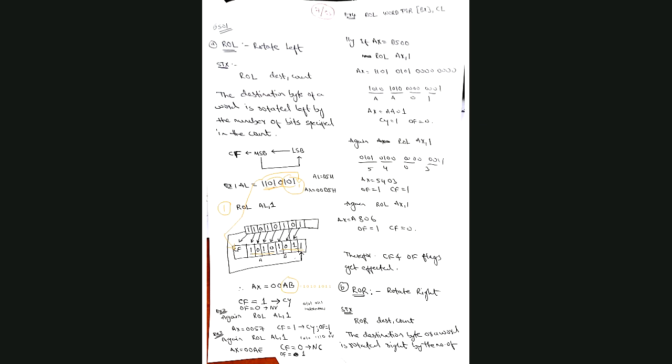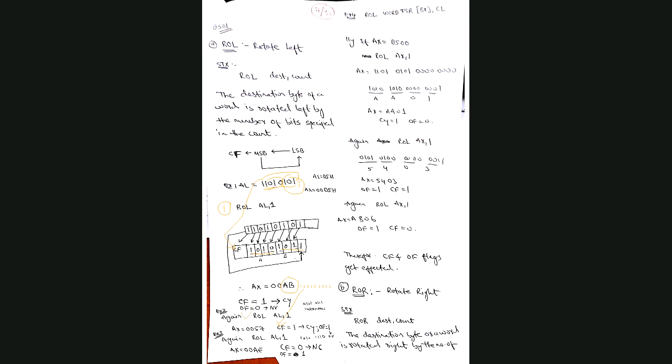Now look here. Again, I am doing one more time. So just see. This 1 will go to the carry flag. Previously carry flag was 1, now also carry flag is 1, so overflow flag will be 0 only.